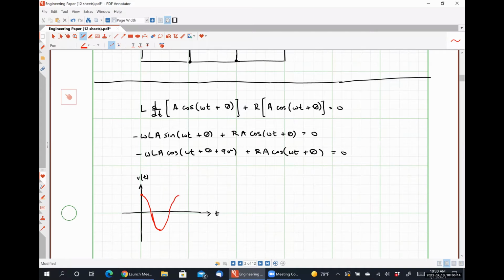Then it's going to be back up to its maximum value again, where this time between the positive peaks is known as the period of the cosine function, right? Correct. And it's just going to continue oscillating like that.